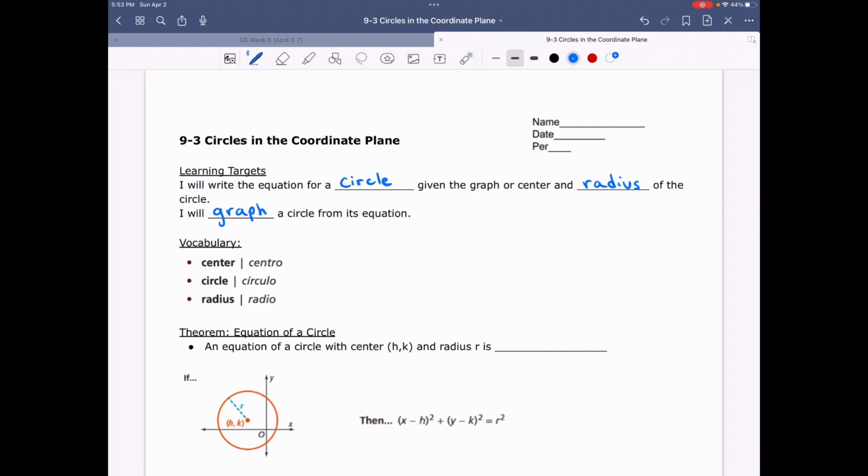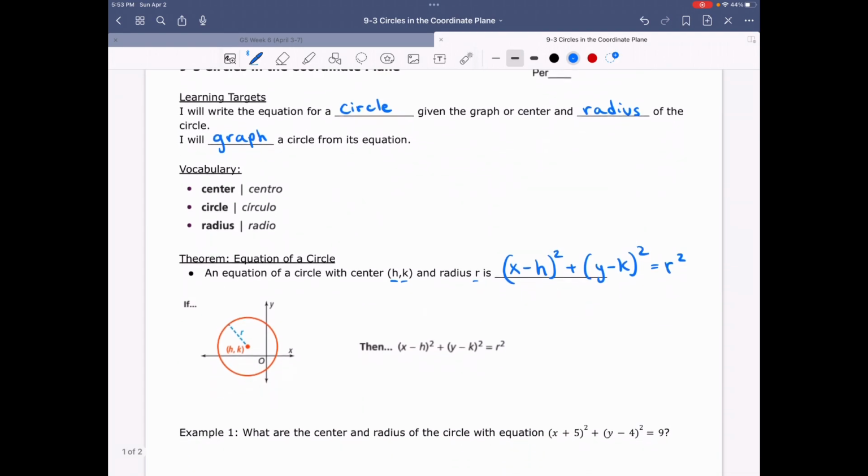Our vocabulary is center, centro, circle, círculo, radius, radio. The theorem, equation of a circle, says an equation of a circle with center (h, k) and radius r is (x minus h) squared plus (y minus k) squared is equal to the radius squared.